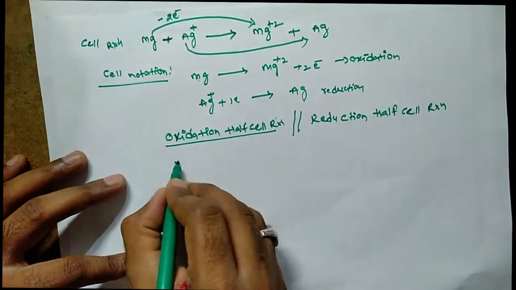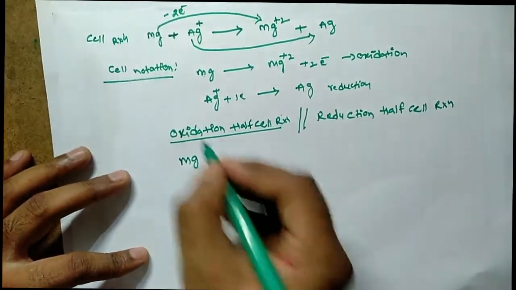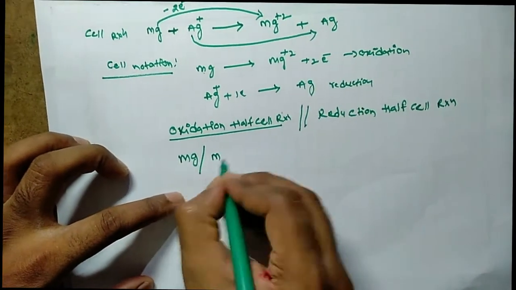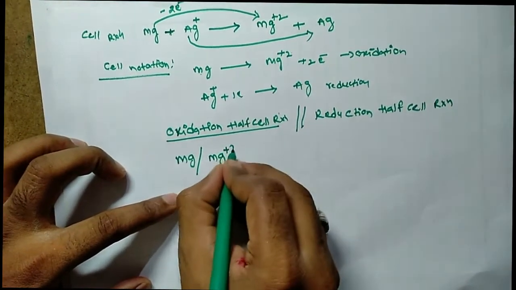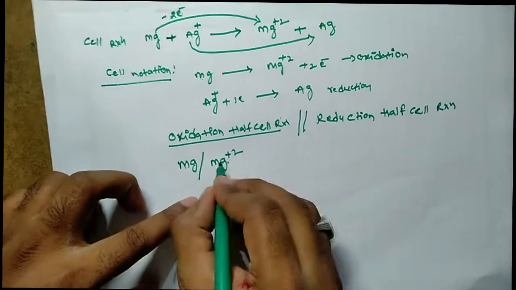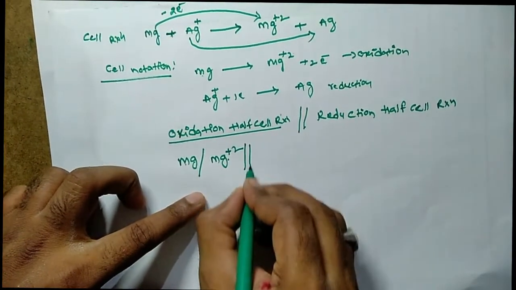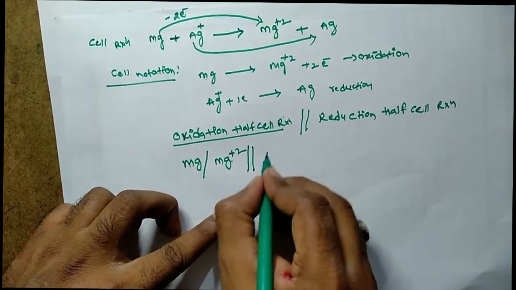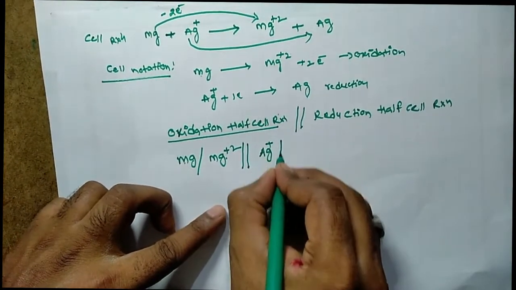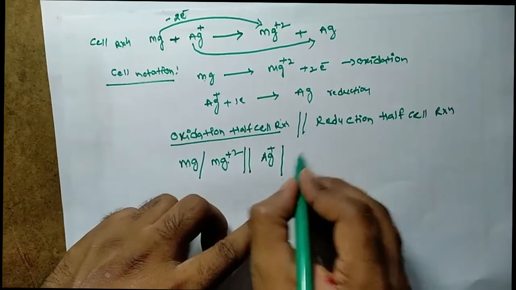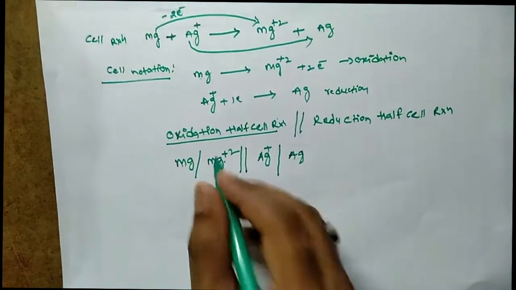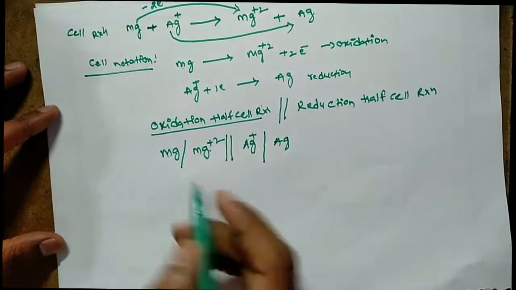So first you have to write Mg, then the electrode vertical line, then Mg2+. Mg is converted to Mg2+ between the electrode, then after the salt bridge, then silver gains electrons, and the next one electrode, then silver. So this is a cell notation reaction.